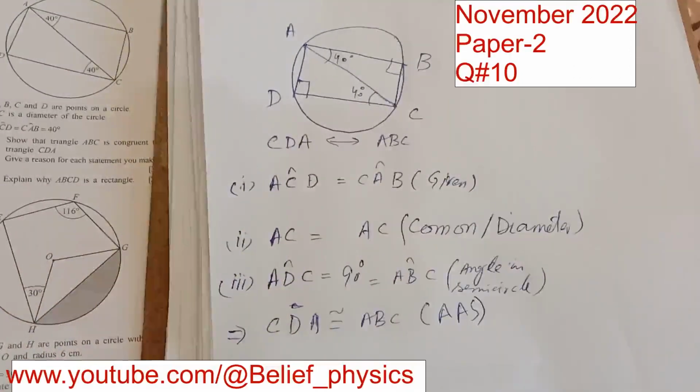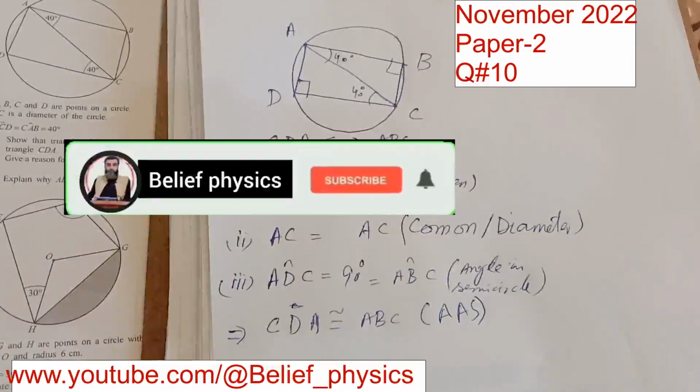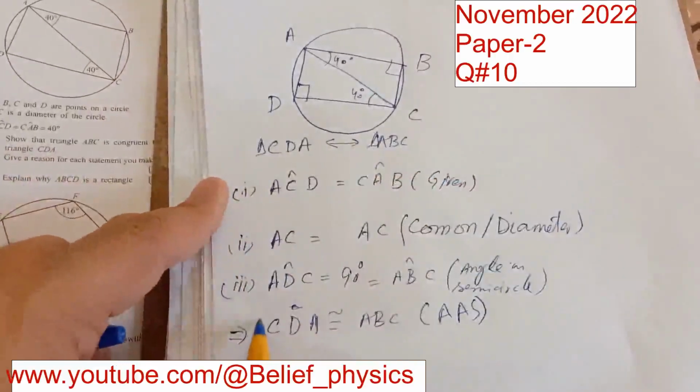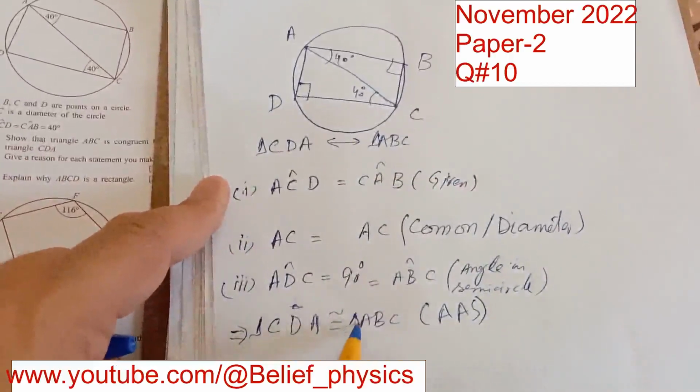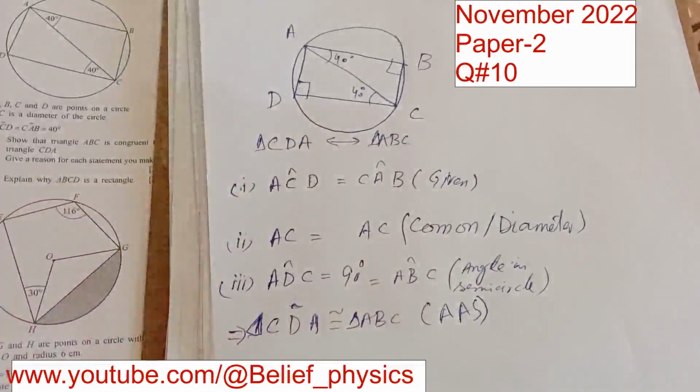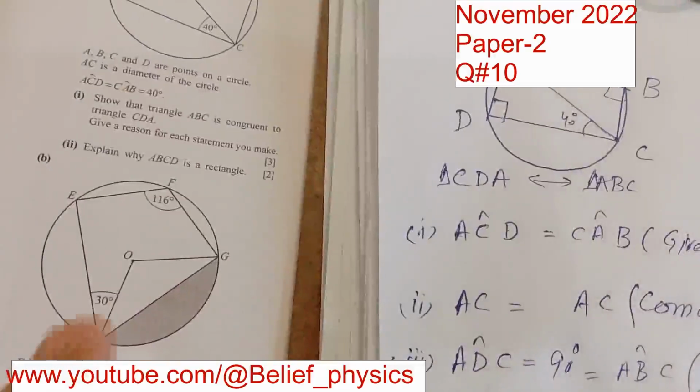So there is a property that when two angles and a side are equal, then the triangles are congruent. So we have shown that triangle CDA is congruent to triangle ABC, and the property we used here is angle-angle-side. That's it.